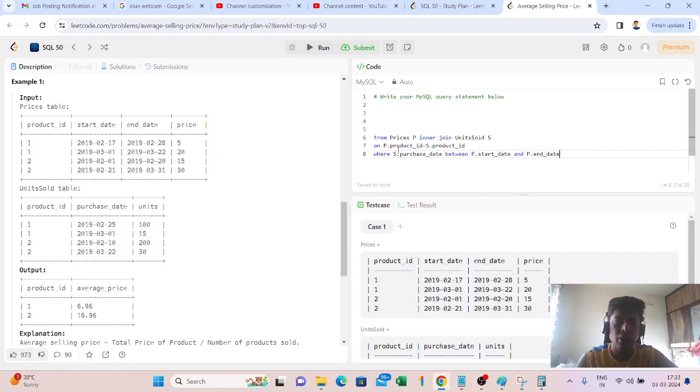So basically, the purchase date should be between these two dates for this unit to be considered on a particular price. So that is the clause that we have written.